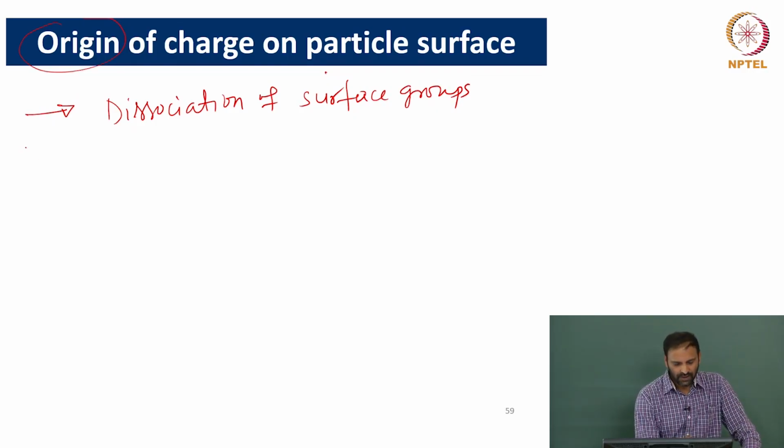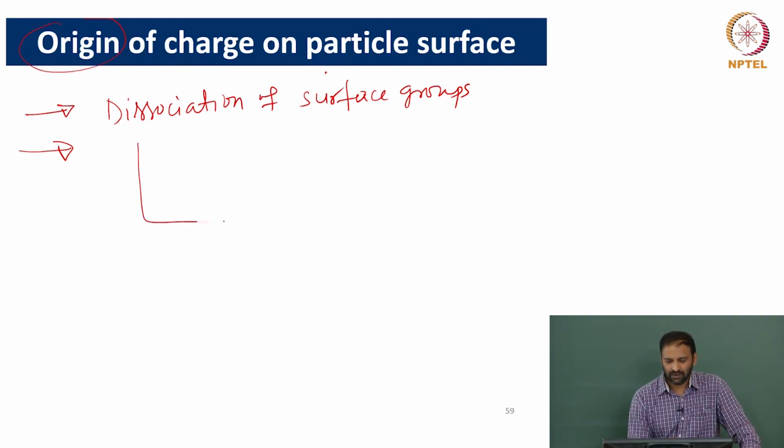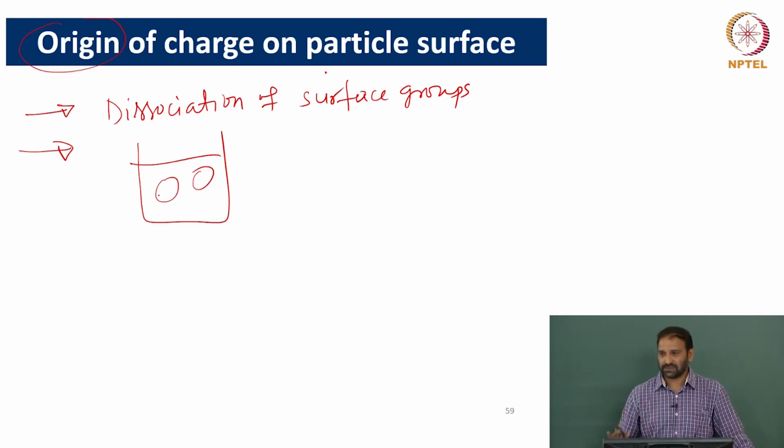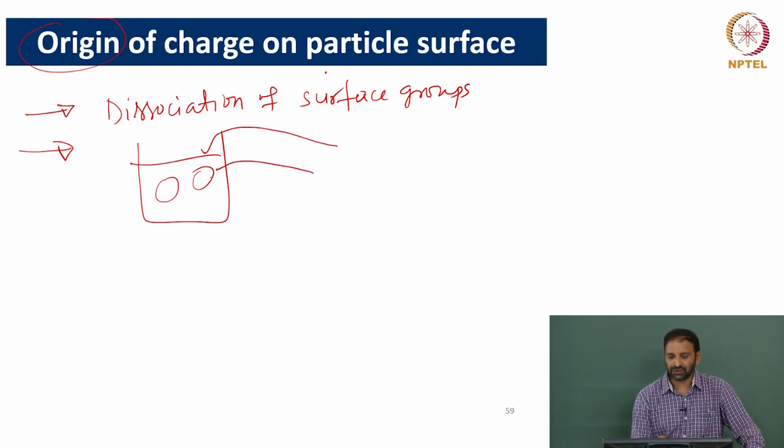The second example I'm going to give you is, say I have particles that are not functionalized, they are homogeneously smooth. I have a colloidal dispersion, and I can add different things to this fluid.